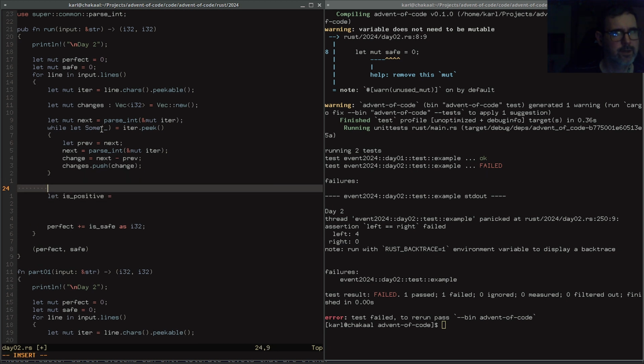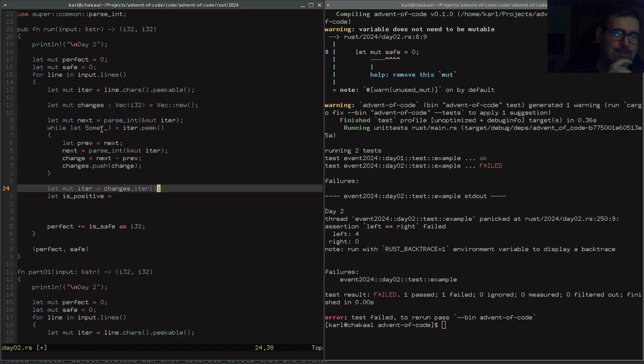Actually, let's get an iterator out of this. Actually, I guess we could shadow that other iterator. And so this is where I would probably just want to index into it, but I guess you're not supposed to do that with Rust.